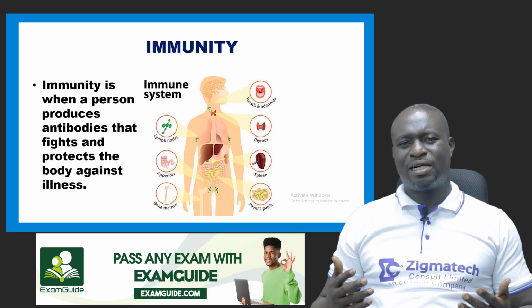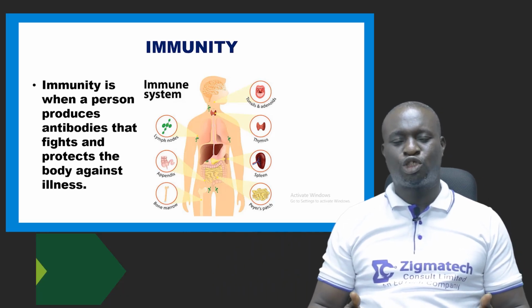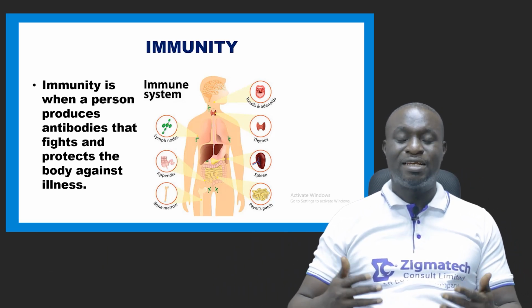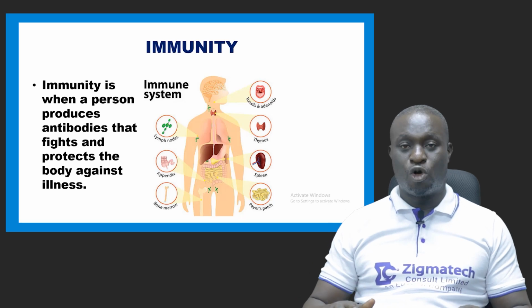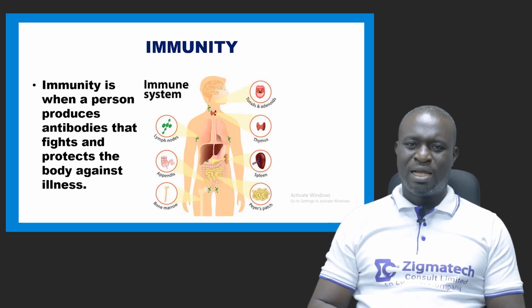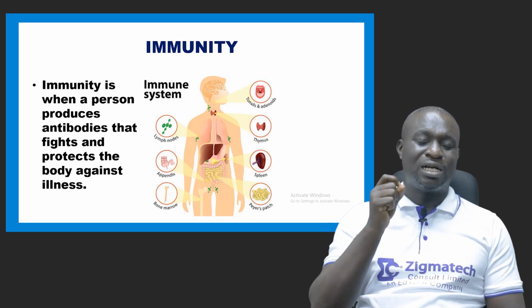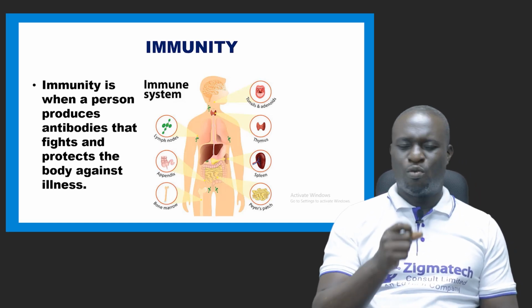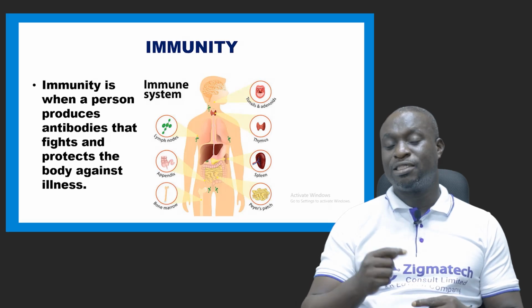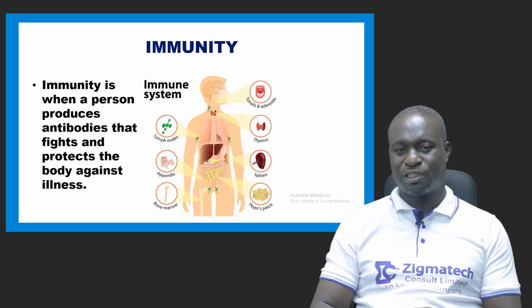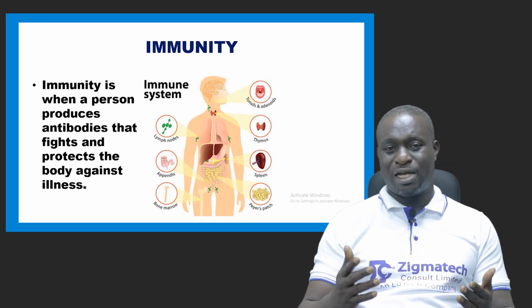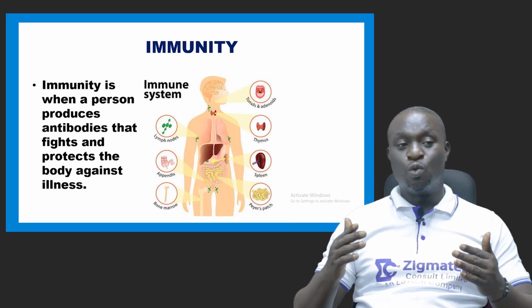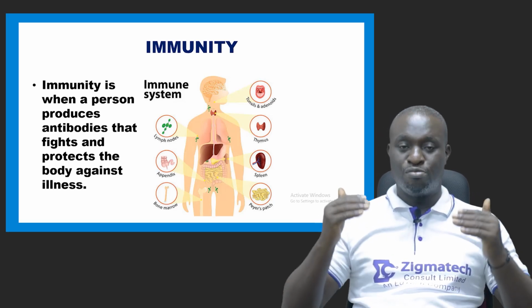There are several ways through which your body can maintain immunity, and that is based on the production of antibodies. One of these ways is by vaccinating a particular person. So vaccination or immunization is a way of keeping the body immune.